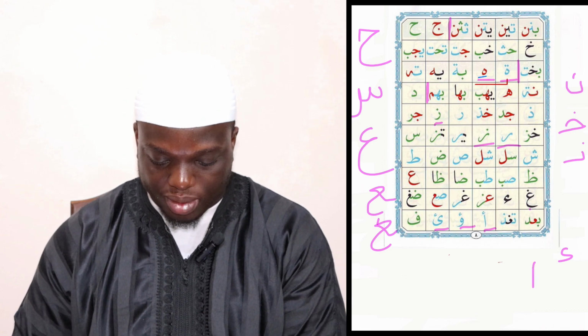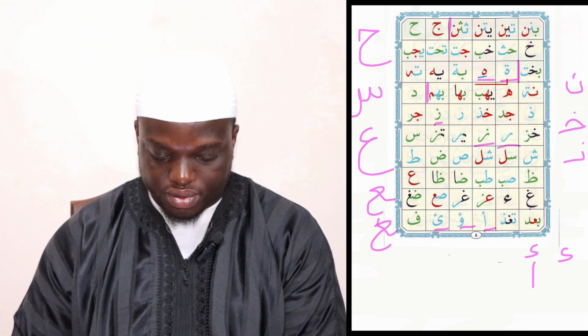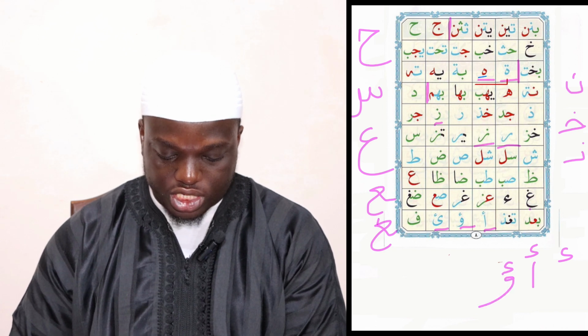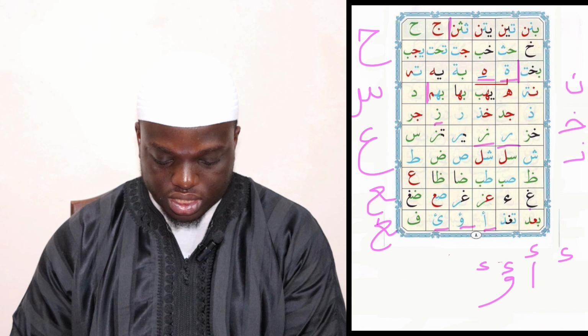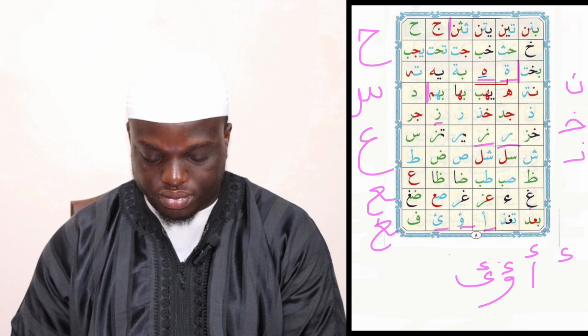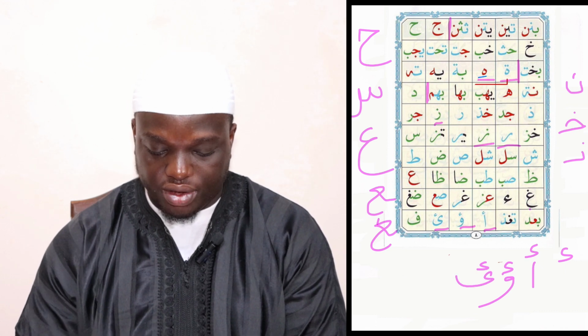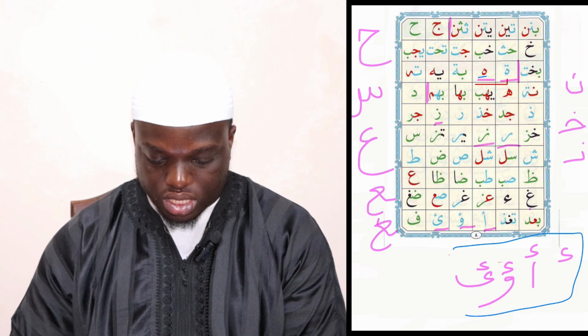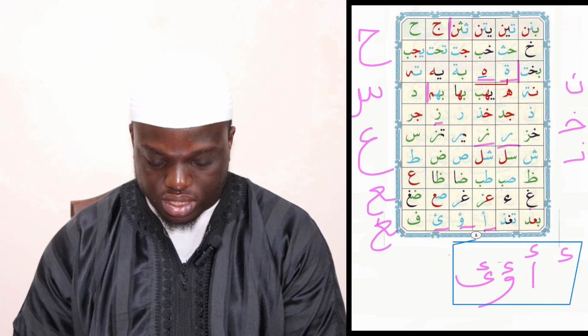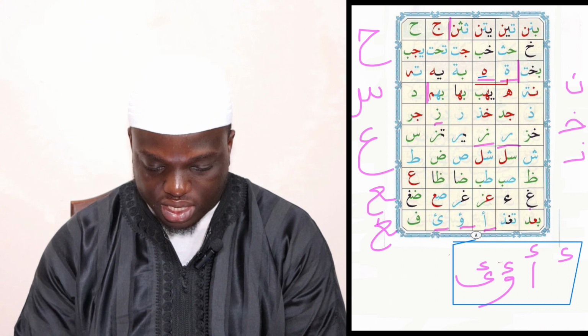So sometimes you will see Hamza sitting on the alif. Sometimes you will see Hamza sitting on the waw. Sometimes you will see Hamza sitting on the ya. All right? So that's just for Hamza. So this is Hamza.